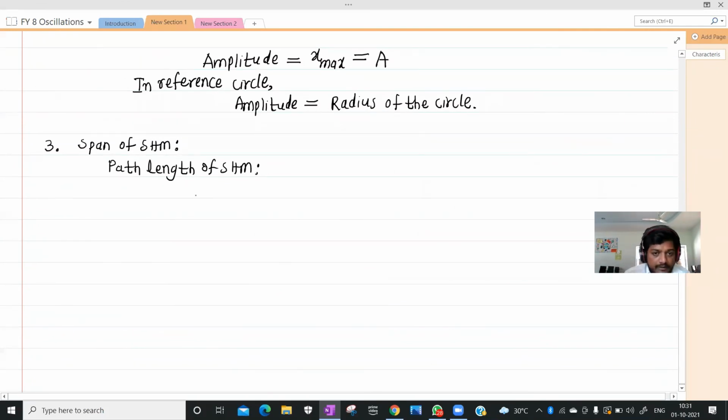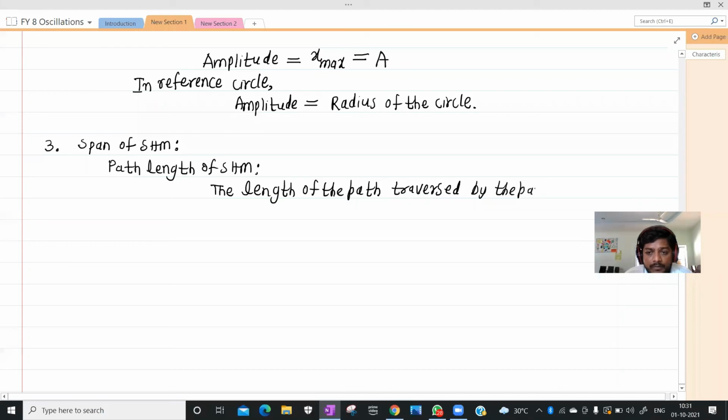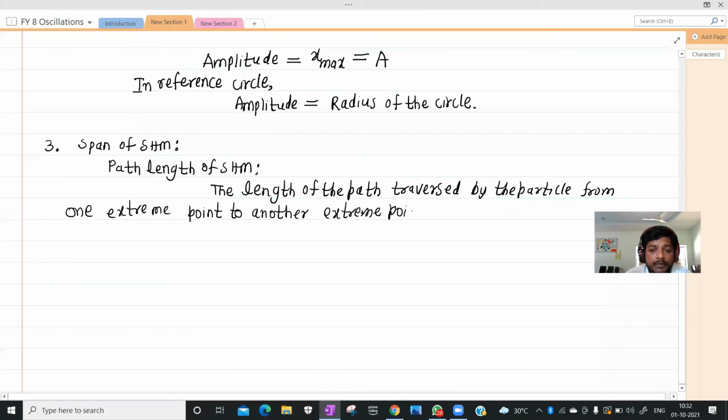So write down: the span of SHM is the length of the path traveled by the particle from one extreme point to another extreme point.